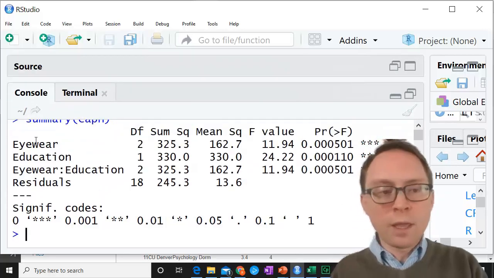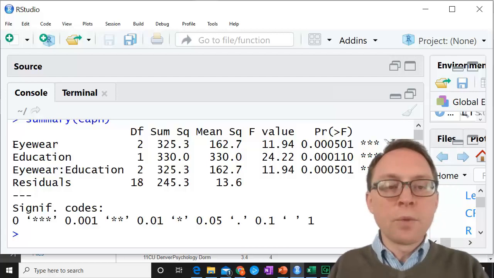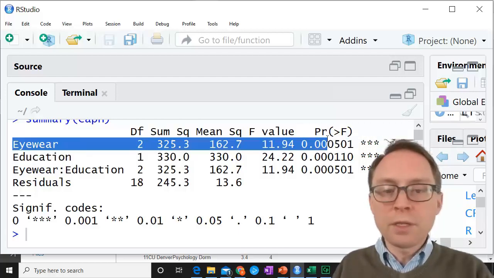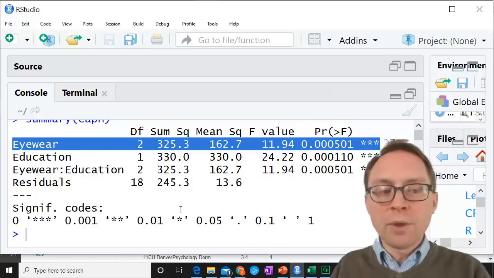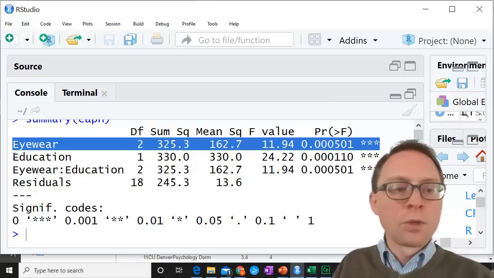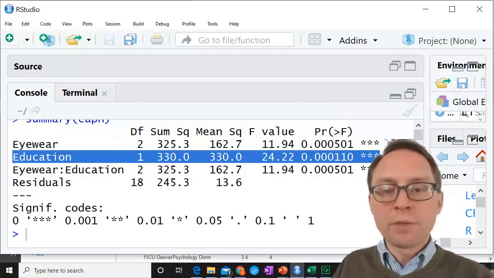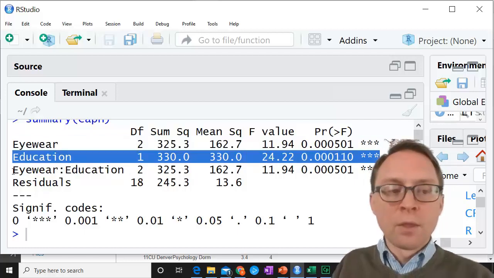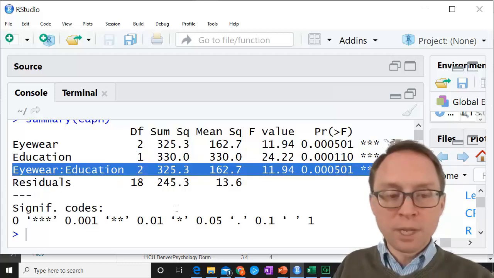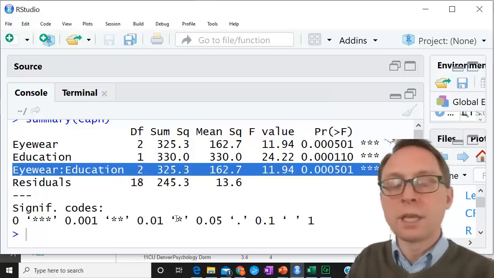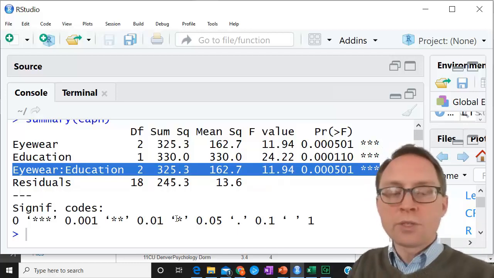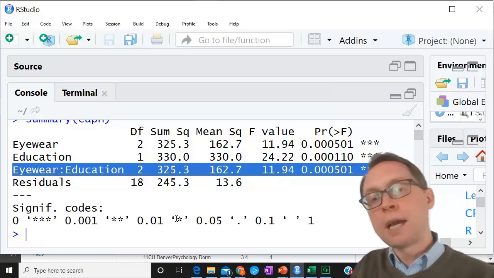All right, look right here. This is saying that when we're looking at screen time as a dependent variable, there's a significant difference between people who have the different kinds of eyewear, right? There's also a significant difference between people who have different kinds of education. There's also a significant difference in our interaction. Now remember, my hypothesis is that people who wear glasses watch significantly less screen time than everyone else.